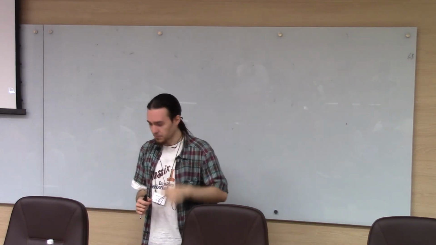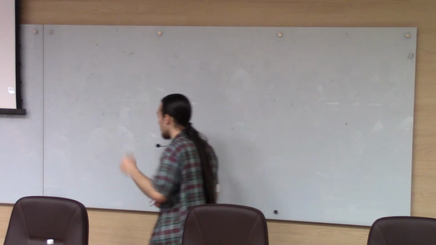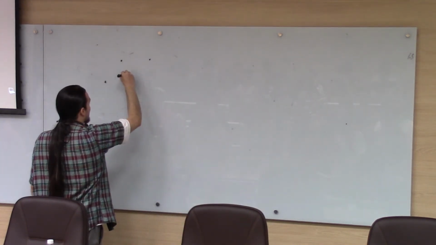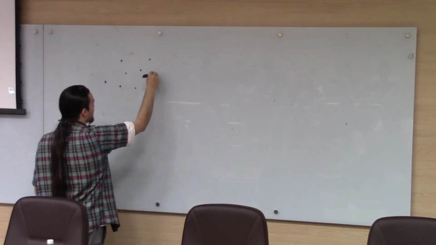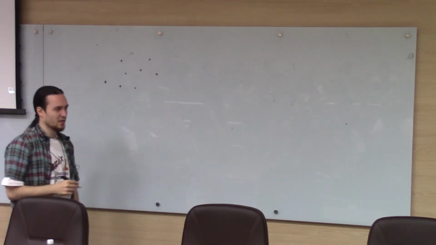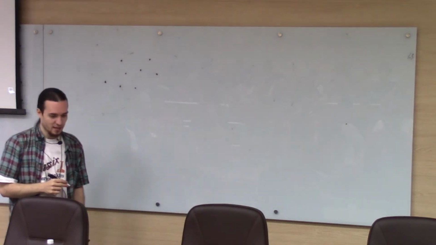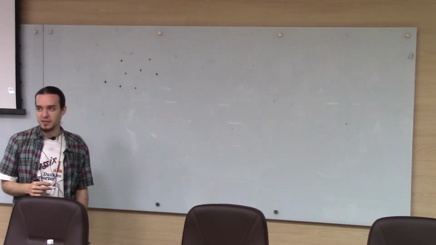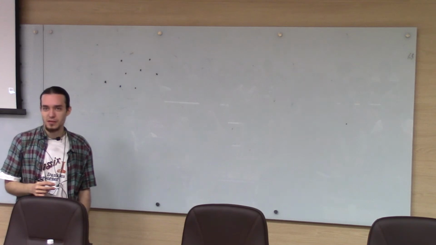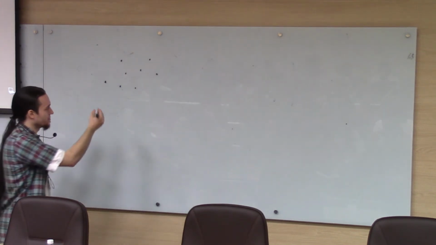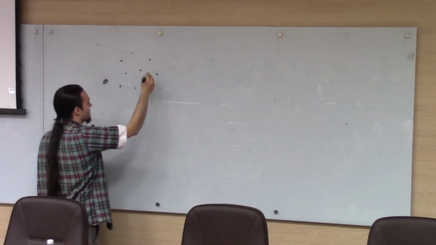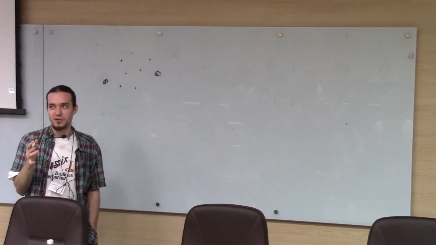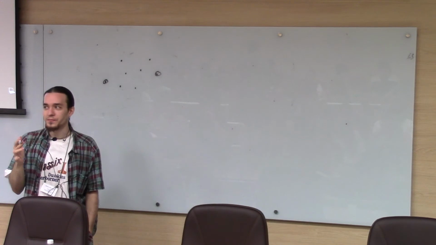So the first problem we're going to discuss is that assume that you have a set of points in the plane, a lot of them, like 100,000, and you want to find a pair of points that are at the largest distance among all possible pairs. Okay, so for example, probably this one. This pair is also called the diameter.